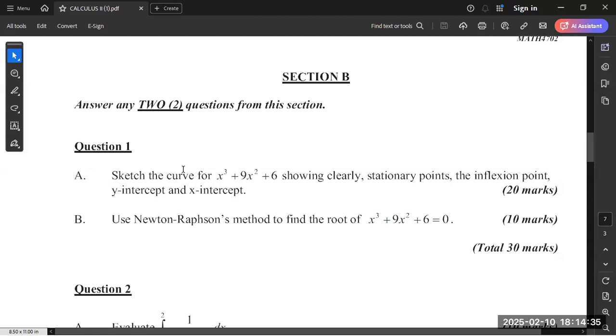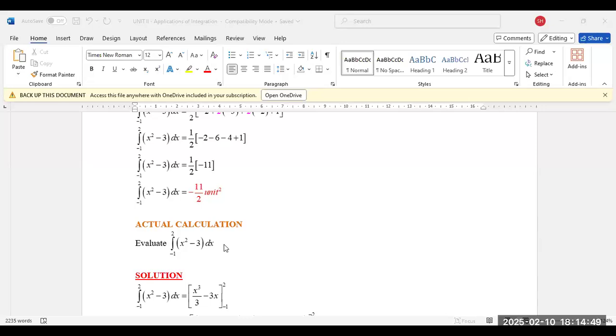Let me project this one. You see the calculation on screen where we did the actual calculation. The approximation was -5.5, since -11/2 is -5.5, but the actual calculation we got to be -6.